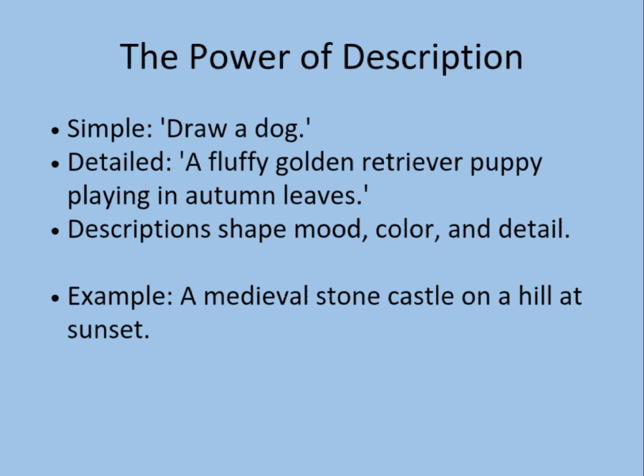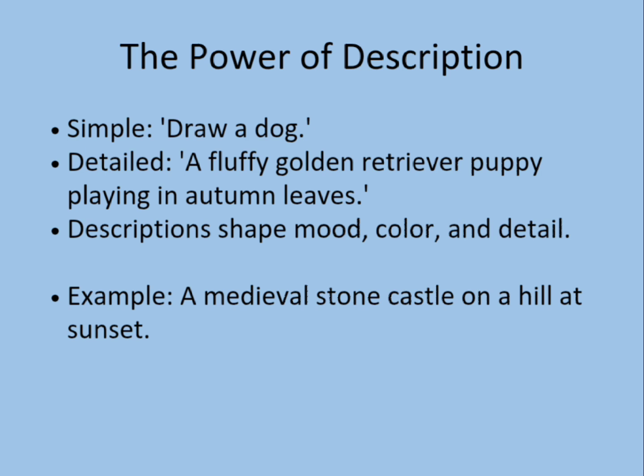It's a golden retriever. It's very fluffy in the sense like there's a lot of hair. And it's a puppy. It's not a full grown dog. It's playing in leaves. The leaves, also the season seems to be autumn, where the leaves fall onto the ground from trees.